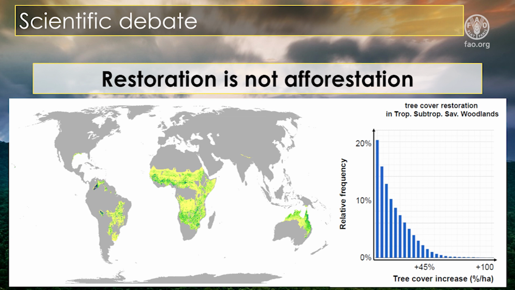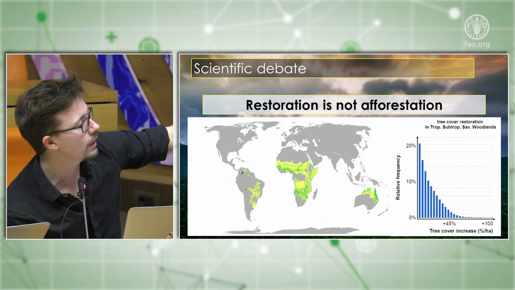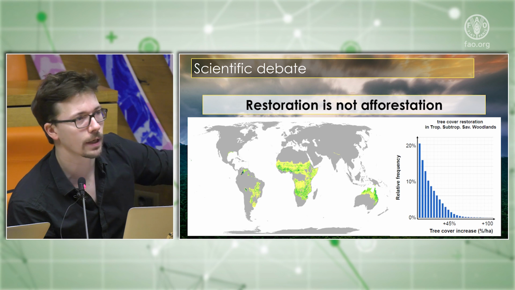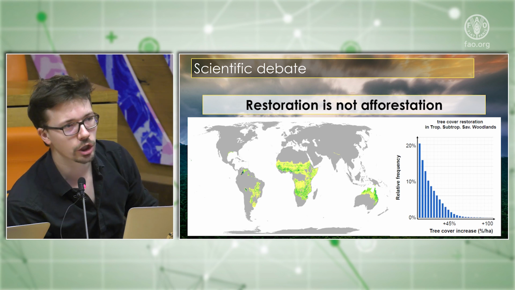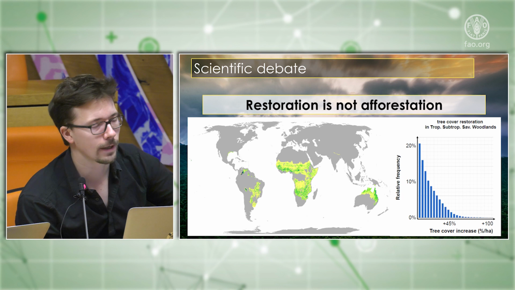Here you have a map of the restoration potential only in those savanna biomes. On the right, you have a histogram of the potential increased tree cover that we find in that biome. As you can see, the histogram is skewed toward very low values. We have a median increase potential of plus 10%. So it's not about changing a savanna into a dense forest or eucalyptus.